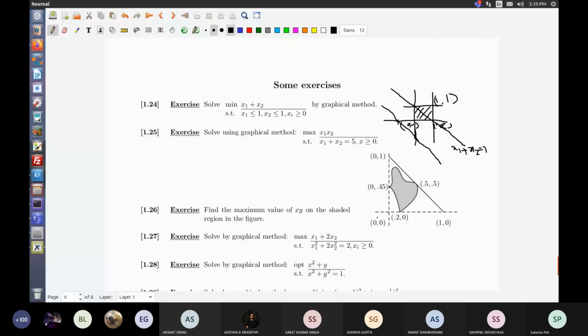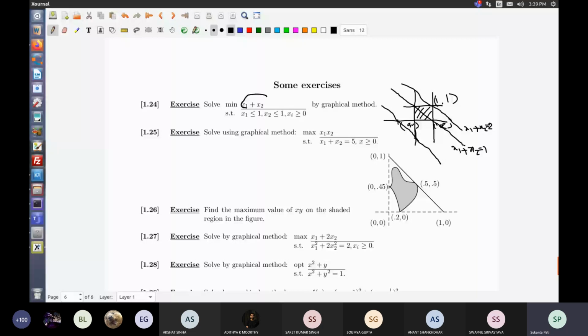Now if you take this particular line, it is x1 plus x2 equal to 2. So there the value of k has increased, and here you are trying to minimize x1 plus x2, and therefore your line must come in the other direction.